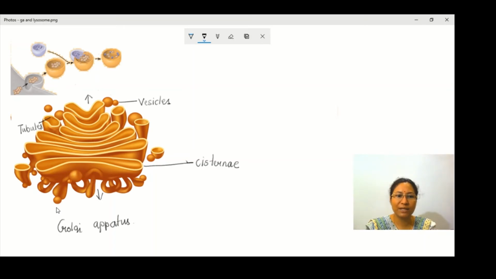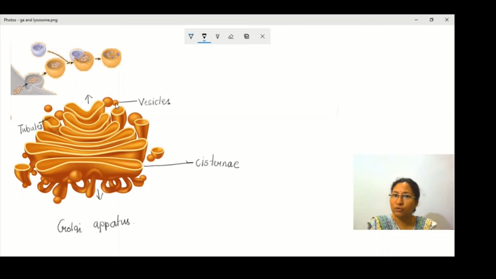We can see small vesicles coming out from the endoplasmic reticulum, and they will join the cisternae. In the cisternae, those lipids and proteins will be packaged and modified to form the final product. When the final product has been formed by transporting inside the cisternae, they will come out later as vesicles.